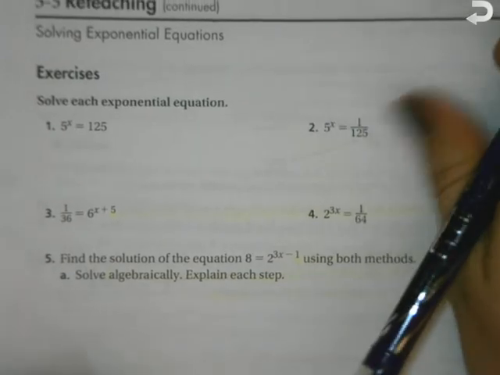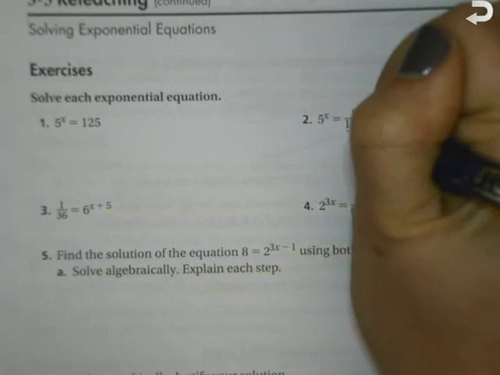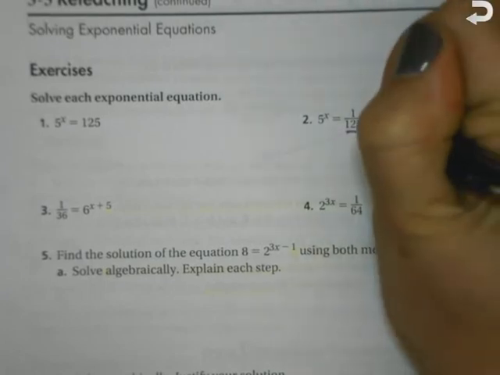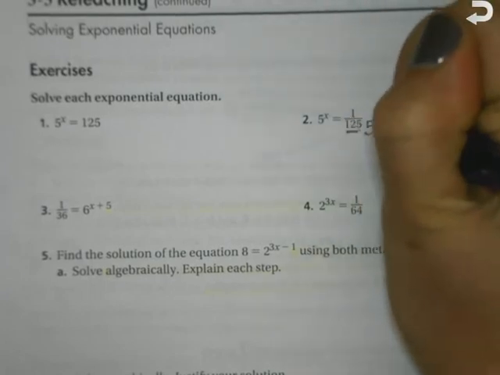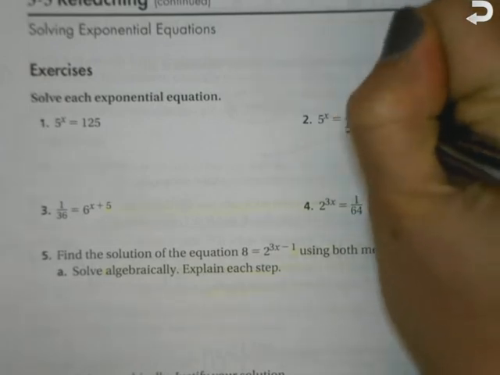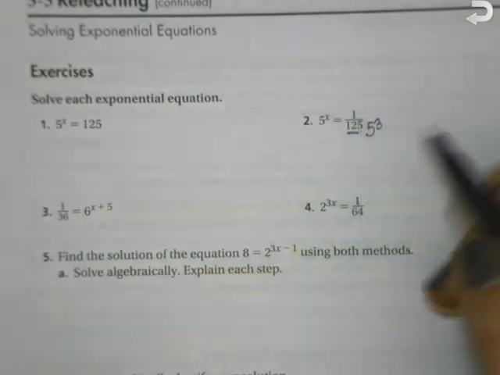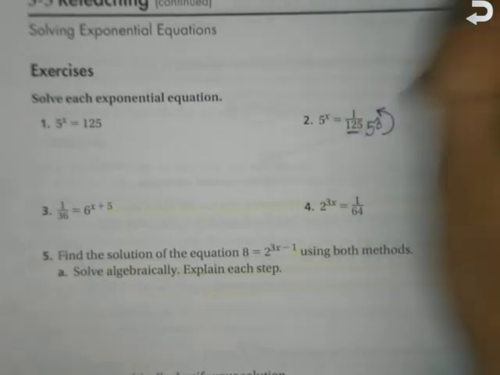So we're trying to get these to be the same base. How can I write 125 as a base of 5? 5 to the what? Well, 125 is 5 to the third, but that's in the denominator and we need it in the numerator, so when I move it up, what happens? It's negative.